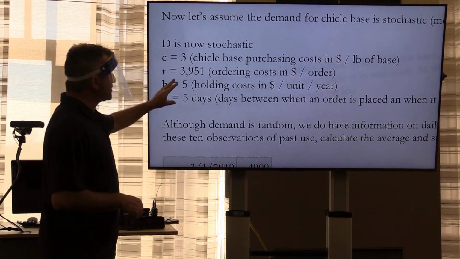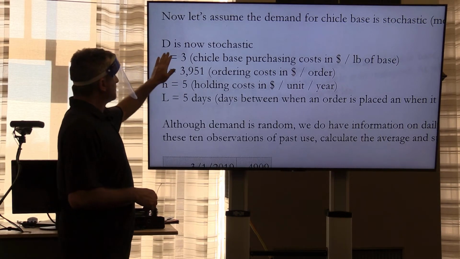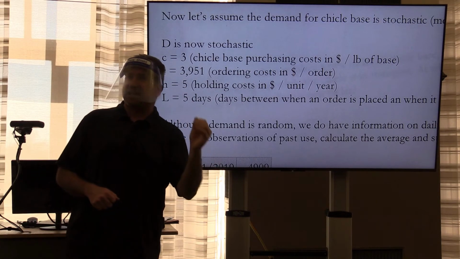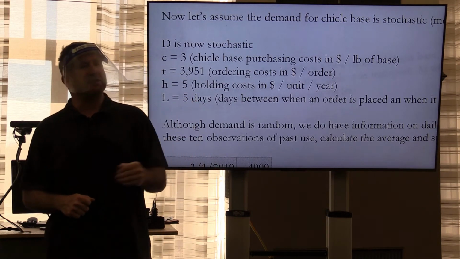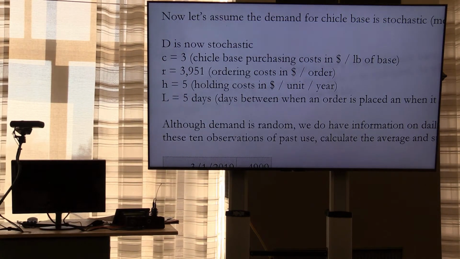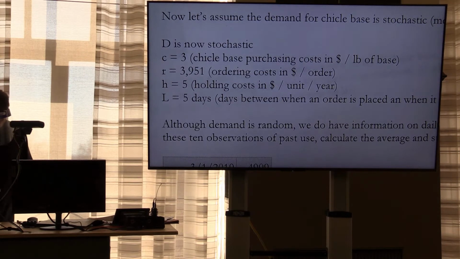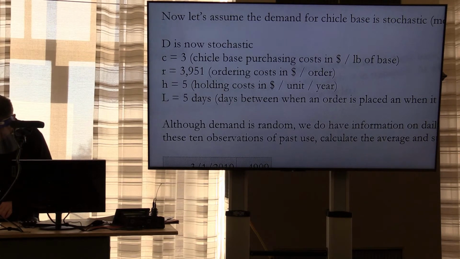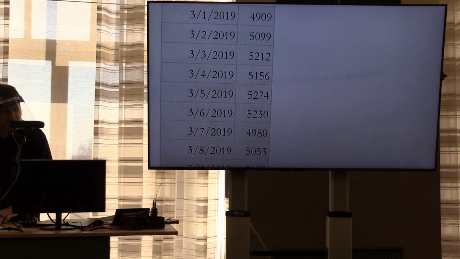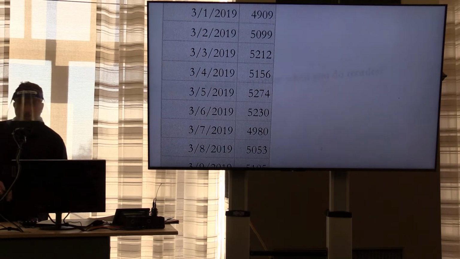And so we have all these, we have the 7 days. Usually I would give you a D equals something, but now it's stochastic. I can't tell you one number. I have to tell you it's stochastic, and I'm always going to give you a mean and a standard deviation. And when you do an assignment on this, you're going to be given data.